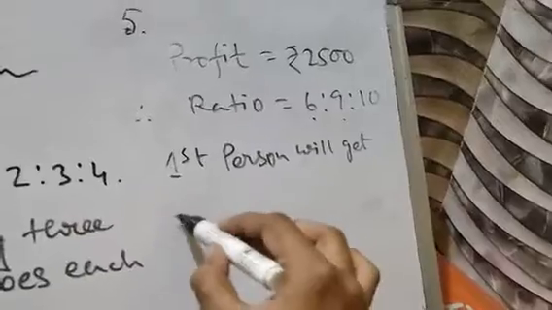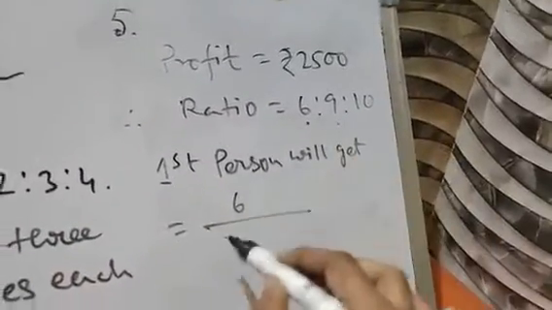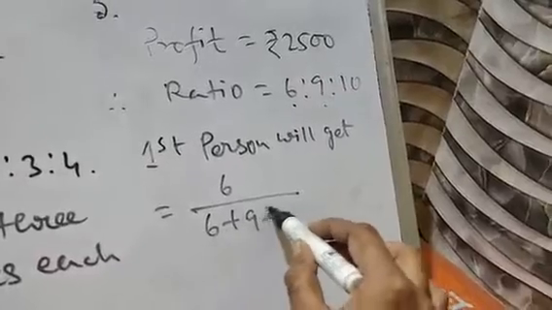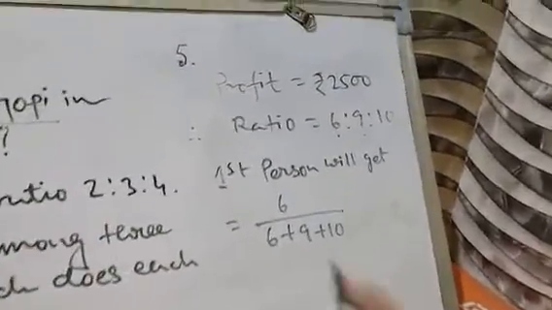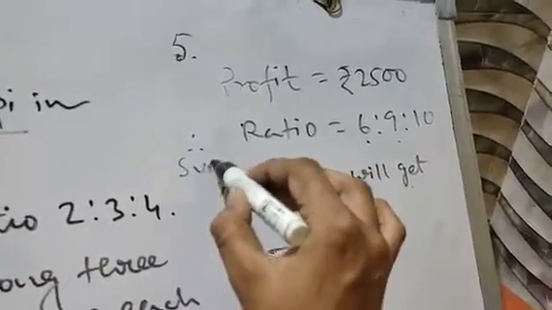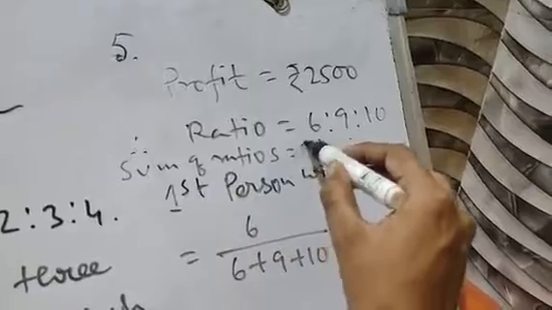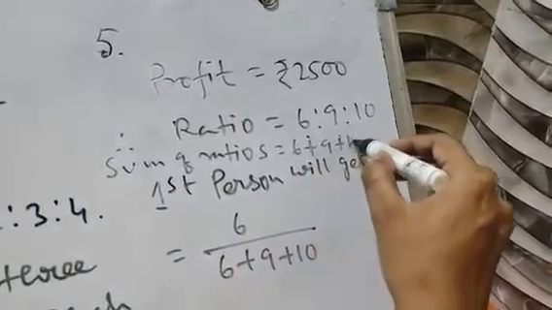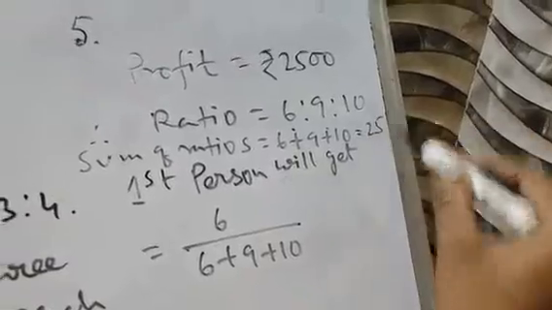6 rupees, therefore 6 will be your numerator, divided by the sum of the ratios, 6 plus 9 plus 10, that is 25. Clear?